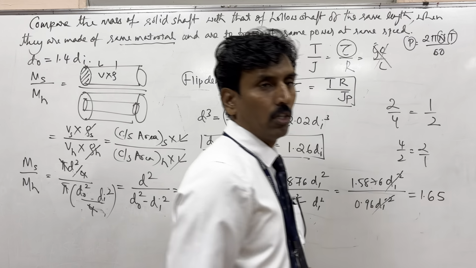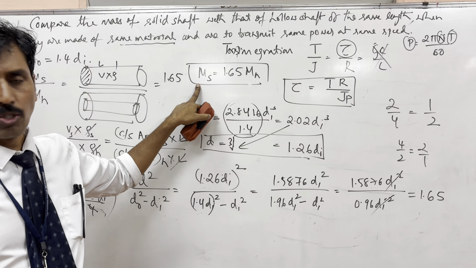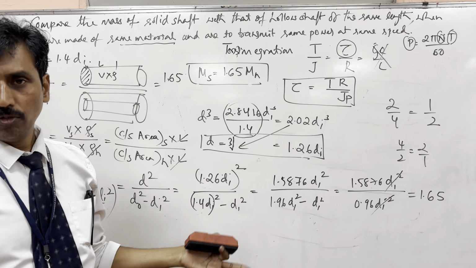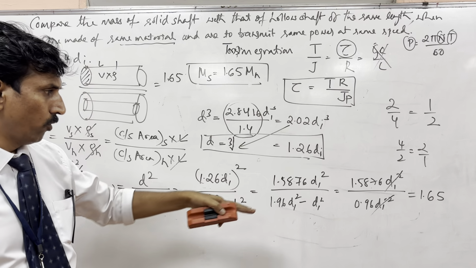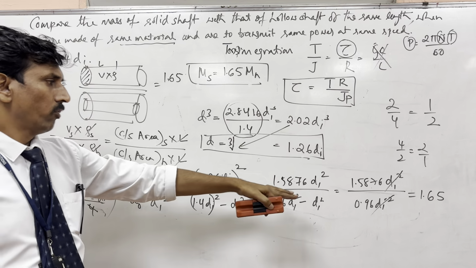Suppose the hollow shaft was 1 kg, the solid shaft would be 1.65 kgs. So, which do you prefer, solid or hollow? Hollow, because solid shafts will weigh more. So therefore, we have found this as 1.65.